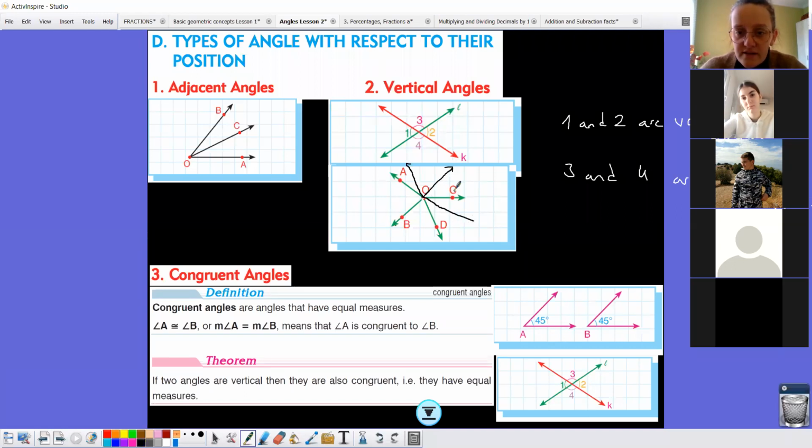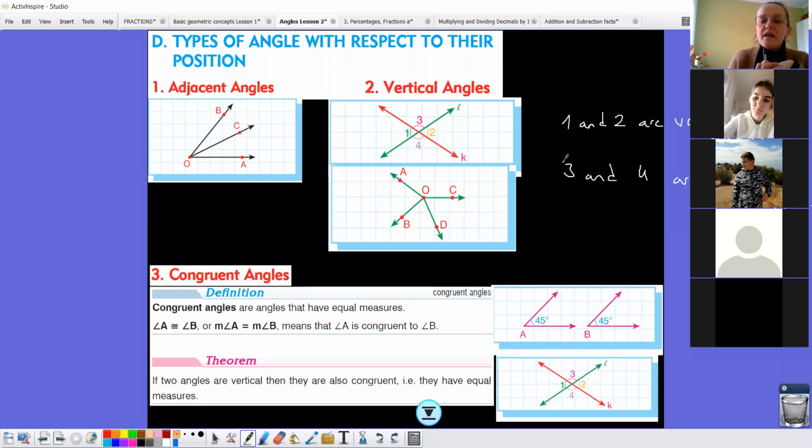But the ones given here are not intersecting lines. These angles, like AOB, are not formed by intersecting lines, DOC, or BOD with AOC. Did you understand what I mean? If you go with your ruler, you will see better, okay? So the angles that are formed by intersecting lines are the vertical angles, okay? Are we clear with this?